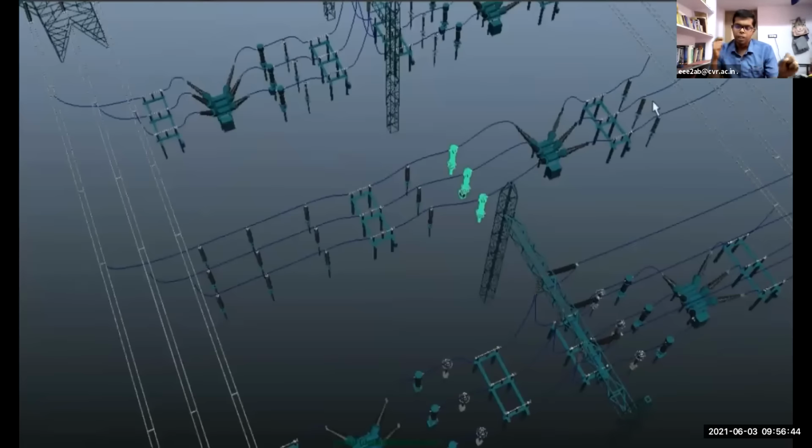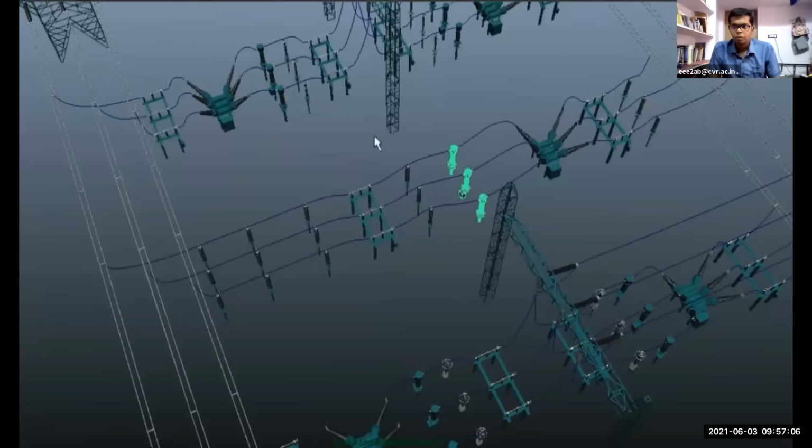So if any wind flow happens, it will automatically swing, and it may cause a line-to-line fault also. If it swings like this, it will automatically touch two wires. Then it may cause line-to-line faults. So that's why we are going for these post insulators.